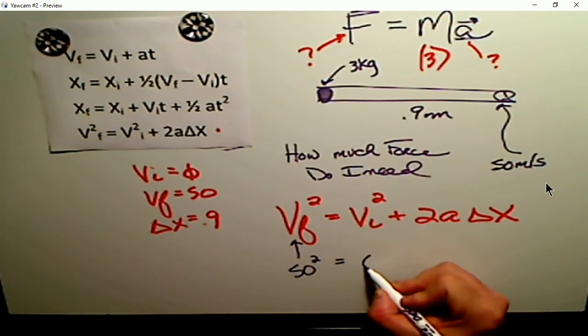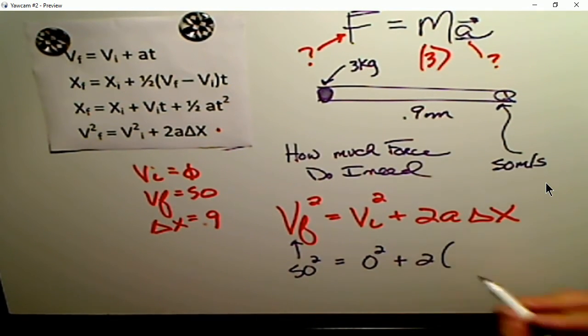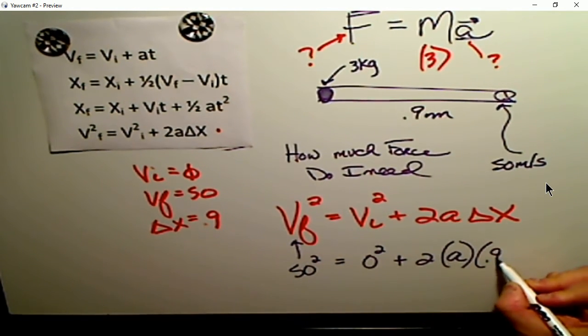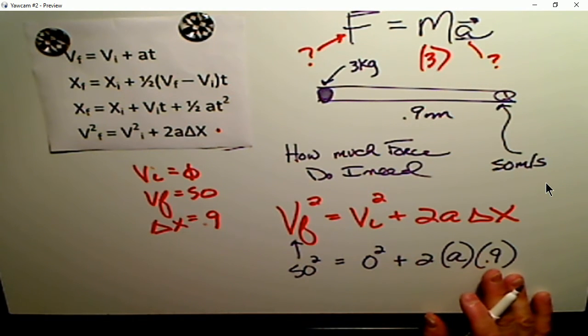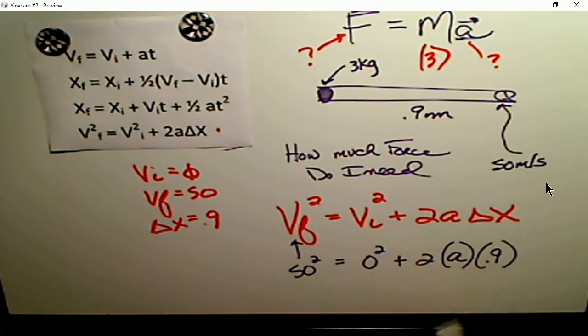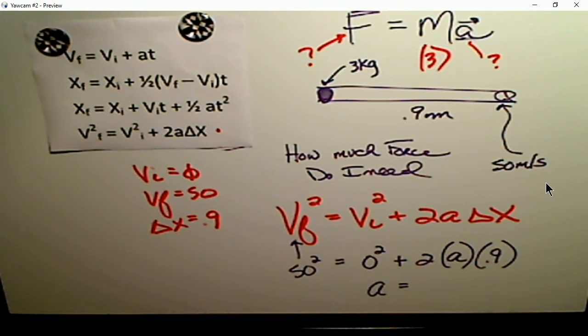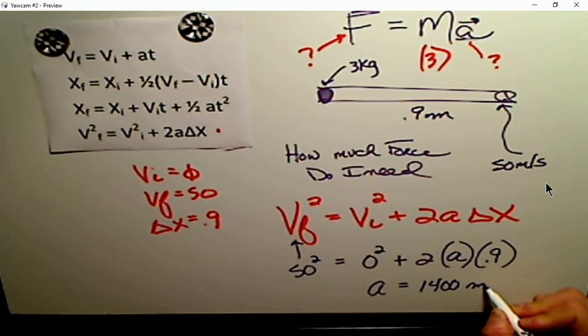Velocity initial is 0, 0 squared, plus 2 a times 0.9. So just like we did the vector algebra before and the kinematics before in 1 dimension and 2 dimensions, this is just simple 1 dimension kinematics. Solve for acceleration. Acceleration in this case is 1400 meters per second squared.